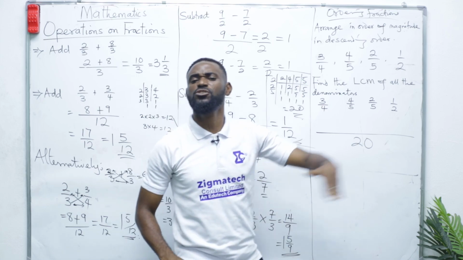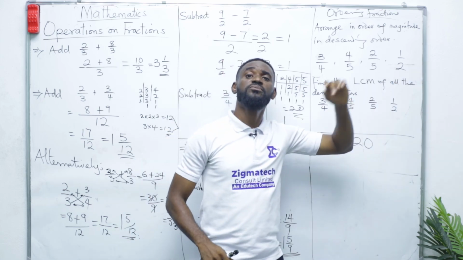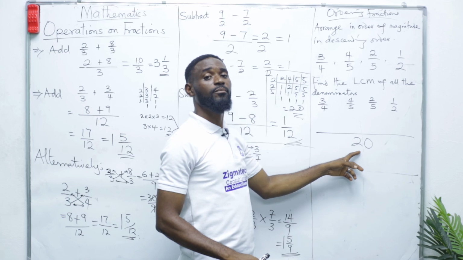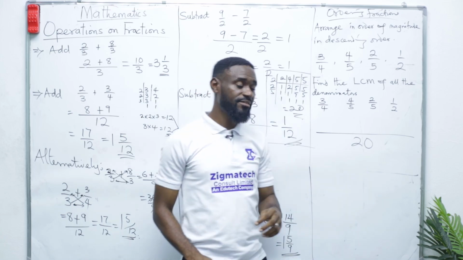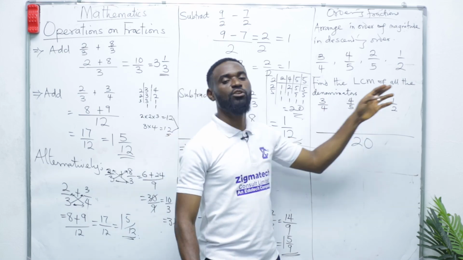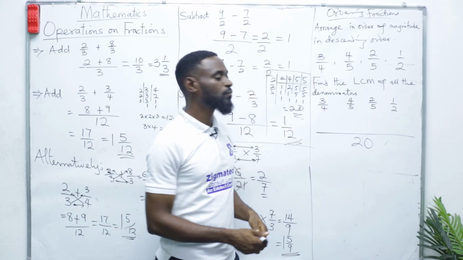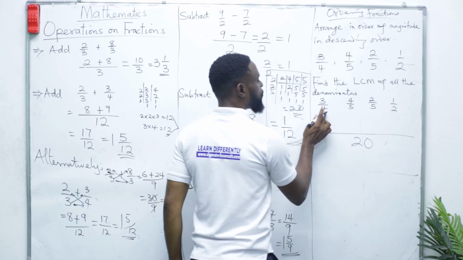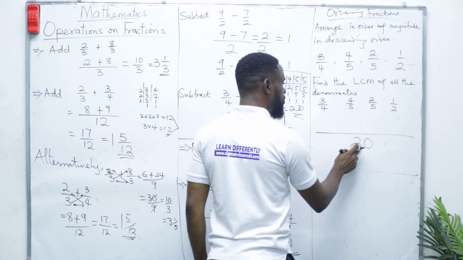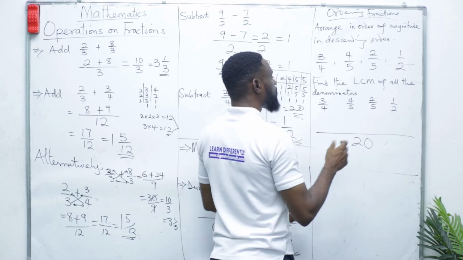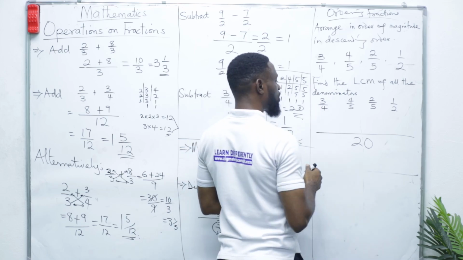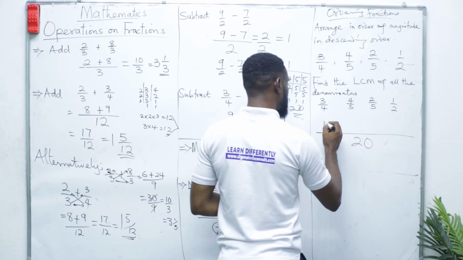Even if it's 20 fractions you want to order, you divide their common LCM by each of the denominators. So here, 4 divided into 20 will give us 5. 5 times 3 will give us 15.